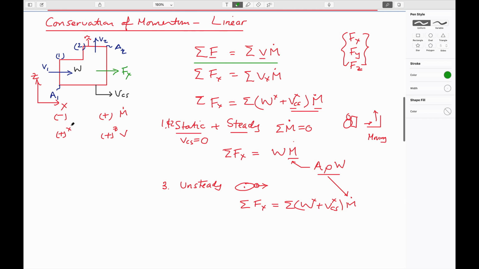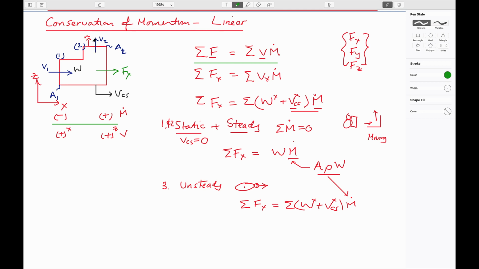And so that's kind of shown here in these values here, is that flow rate into the system is negative, flow rate out of the system here is positive. It's across the control surface, so this is a flow in the z direction, but it doesn't matter because mass is just a scalar quantity, not a vector.